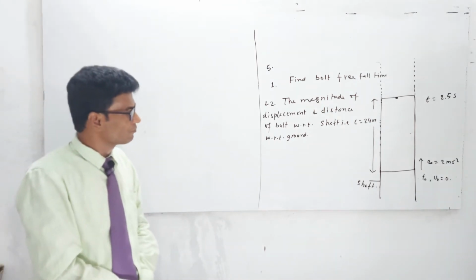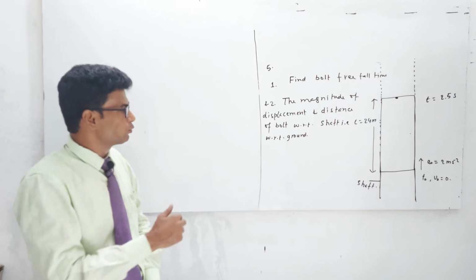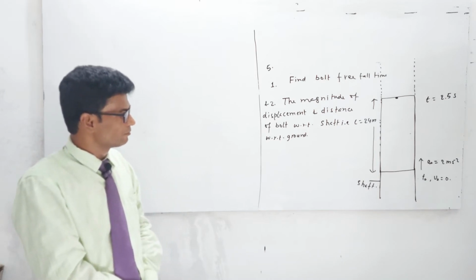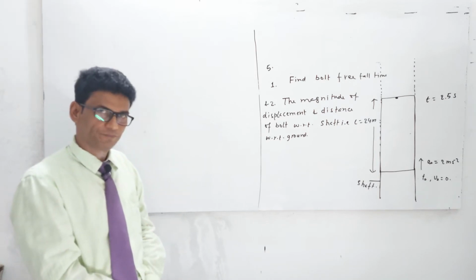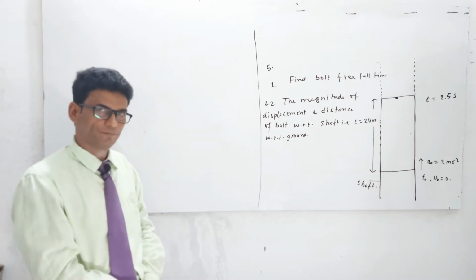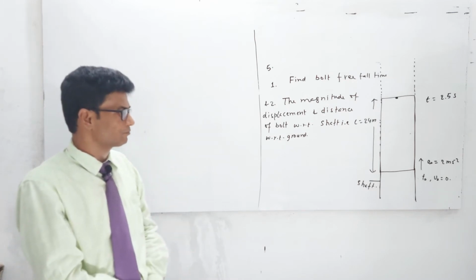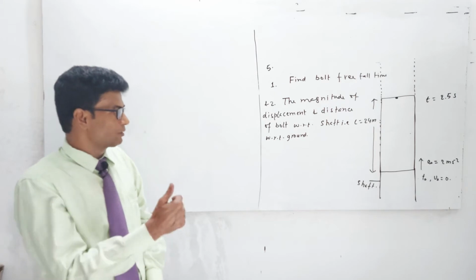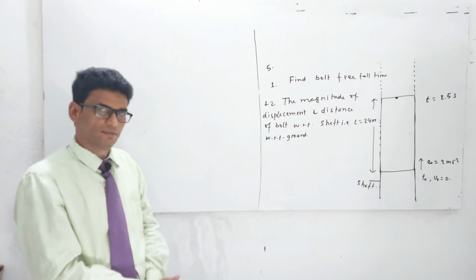Firstly, we want to find the speed of the cabin along with the bolt, supposing the bolt is not detached.